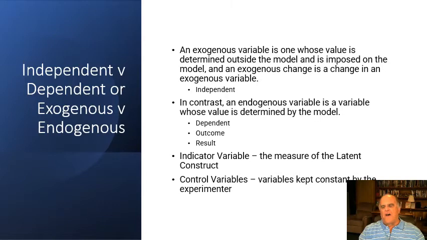And then we often also include what are called control variables. Control variables are just those variables kept constant by the experimenter. The experimenter can either keep them constant through the design of the experiment, or by statistically controlling for these control variables.